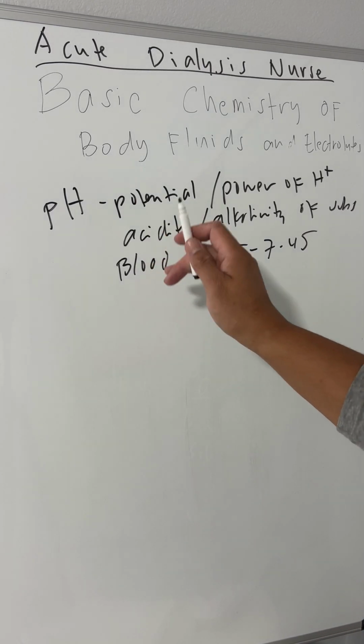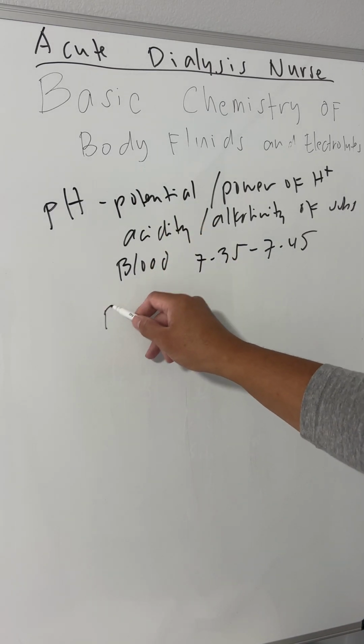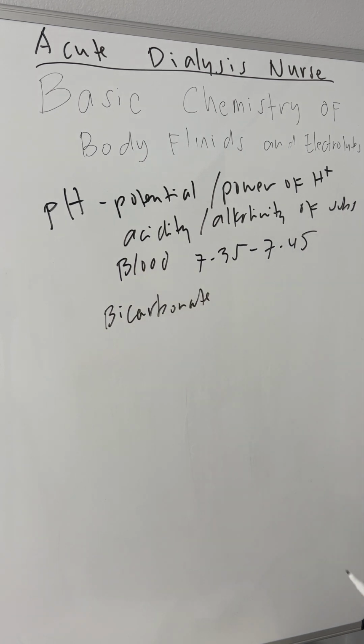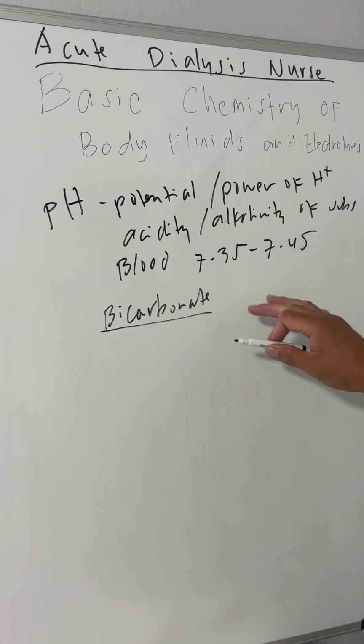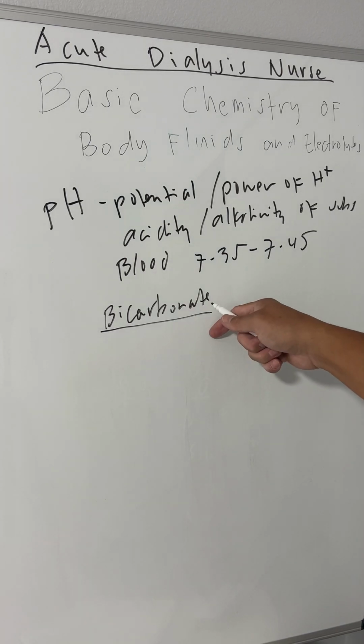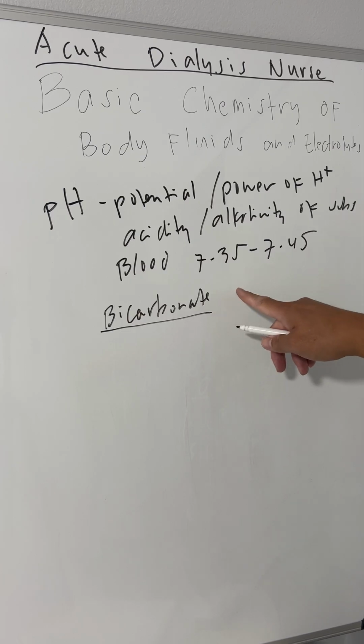Because in the dialysate there's bicarbonate in it, and if we give too much bicarbonate, the blood pH will go up, which is going to be alkaline.